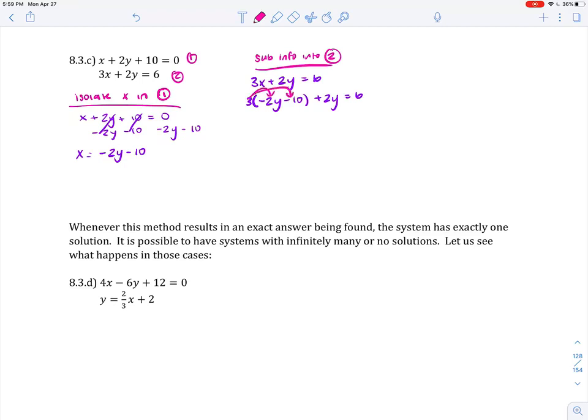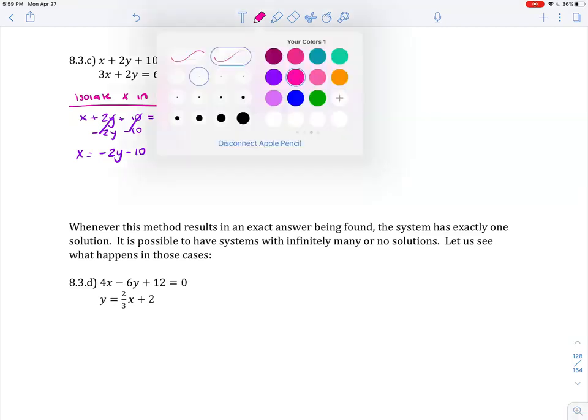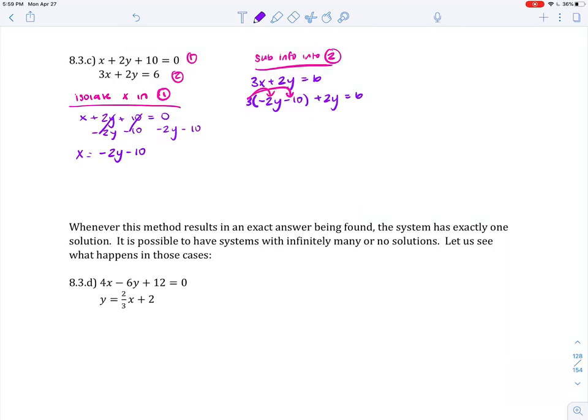That 3 is multiplying against x, and this whole expression represents x, which means I'm essentially distributing that 3 to every single term inside my brackets, so I end up with negative 6y minus 30 plus 2y is equal to 6.